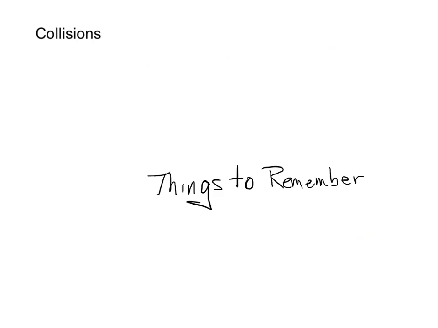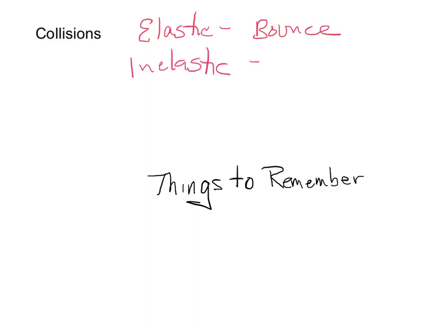So this brings us directly to collisions. Remember, I talked about the fact that there were two primary types of collisions. We have our elastic, and this is where things bounce, and our inelastic, where things stick.